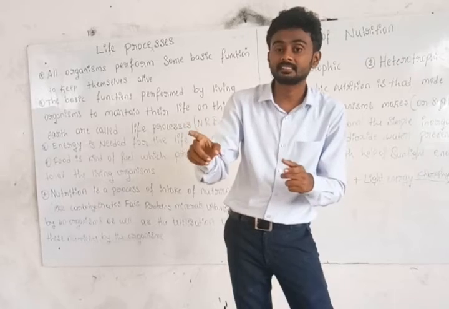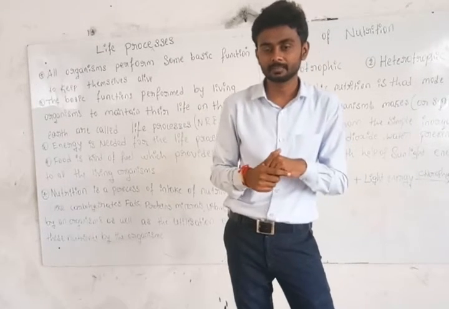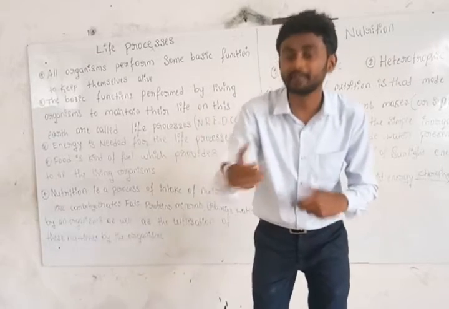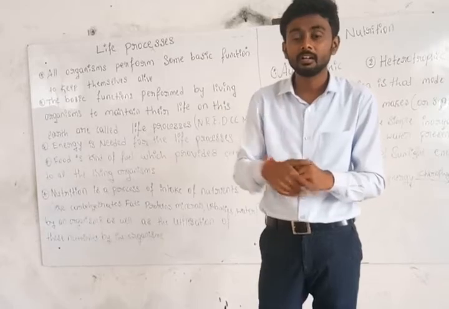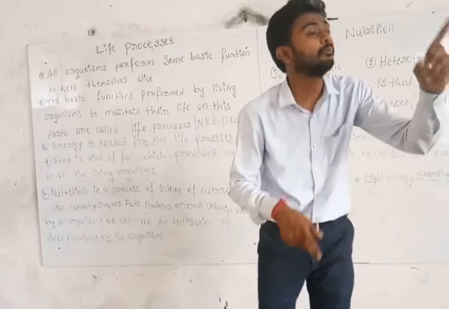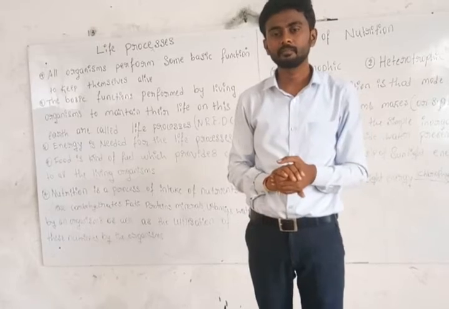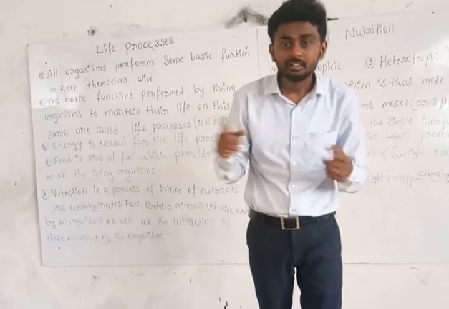The plants do respiration, so that's why this is a living thing. The plants synthesize food material, so that's why it's a living thing. Several activities are performed, and human beings move from one place to another place. Who is a living thing? Human beings, they can respire. Living thing.